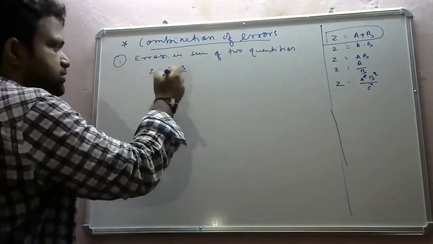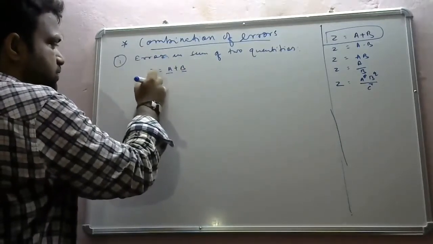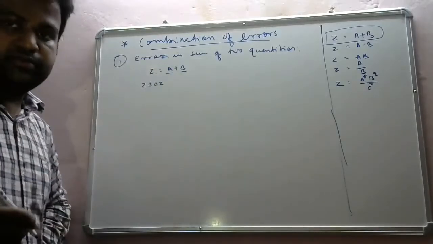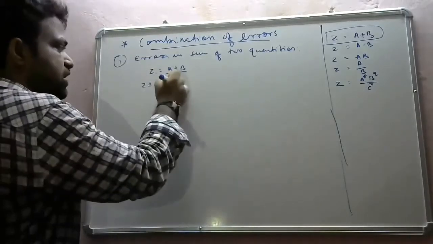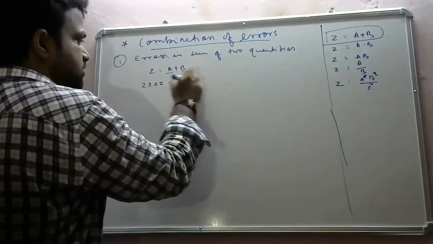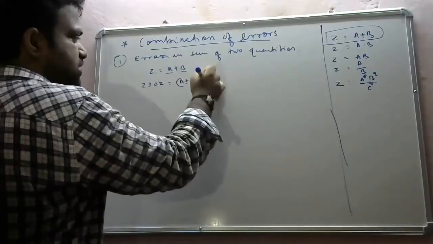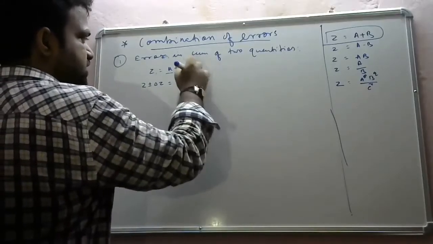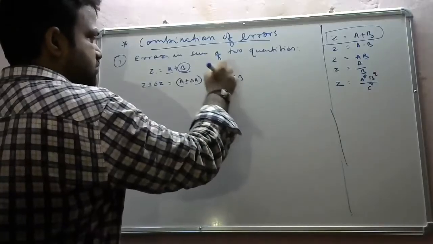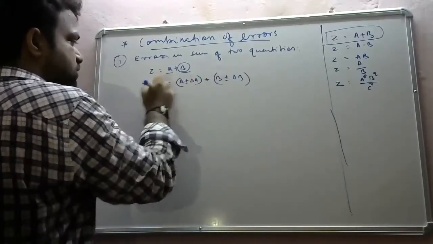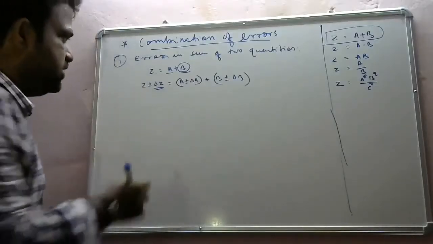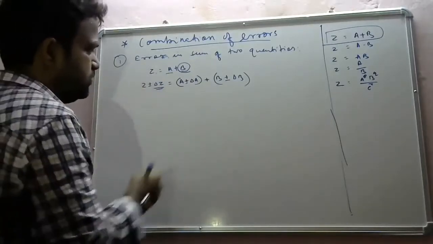We can write that Z plus minus delta Z will be the error in Z when we write A plus minus delta A, because A has some error we measured, plus B has also some error, so B plus minus delta B. Now what will be the value of this delta Z? What will be the error in the result? That is delta Z we are interested to calculate.